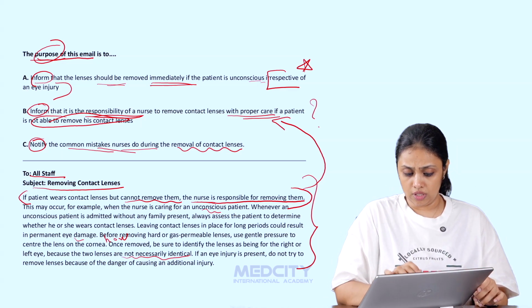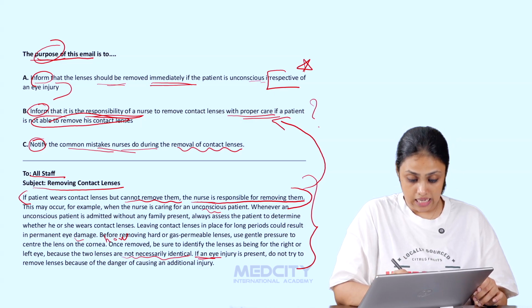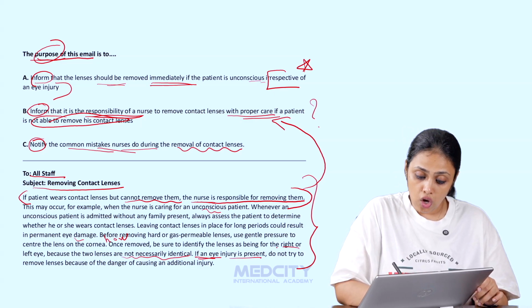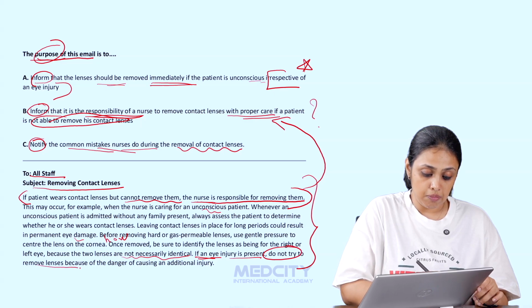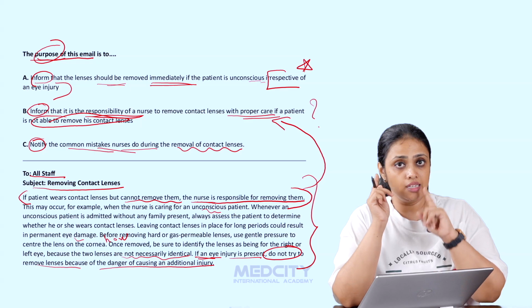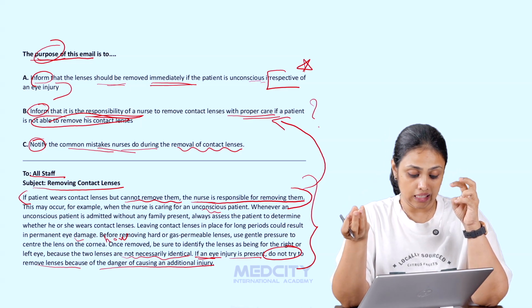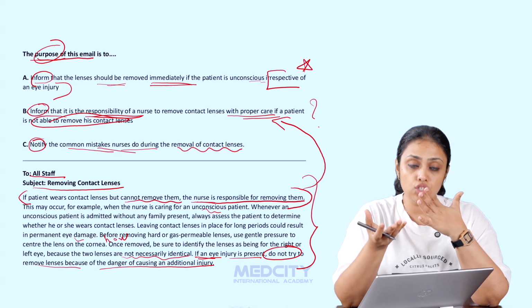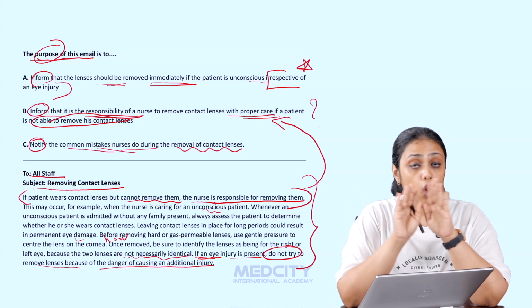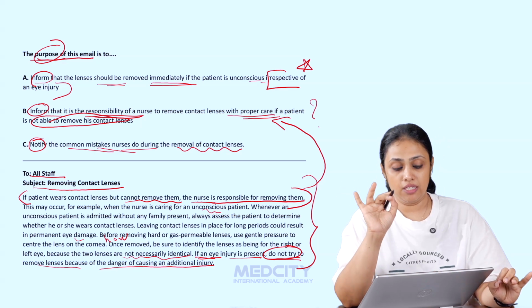Then a special mention is given. If an eye injury is present, do not try to remove the lenses because of the danger of causing additional injury. Already there is an injury to the eye, and if you try to remove the contact lenses, it can cause additional injury. So the nurse should not remove the lenses if an injury is present to the eye.